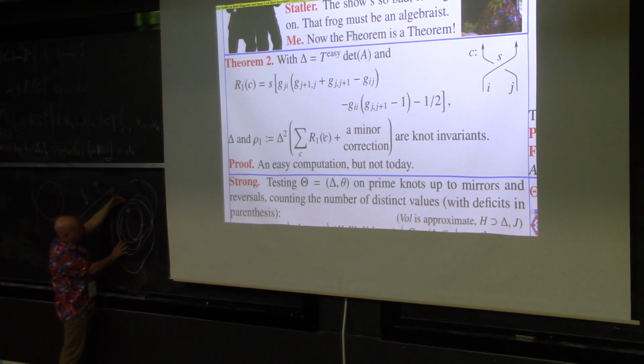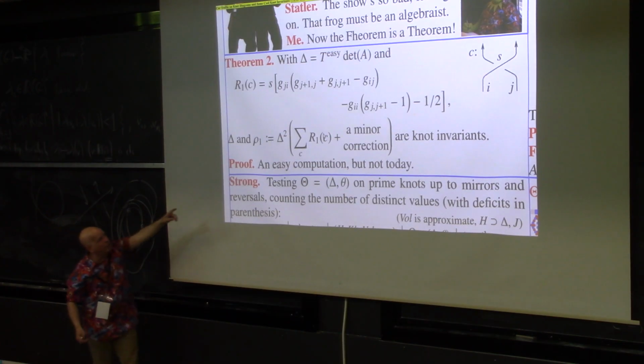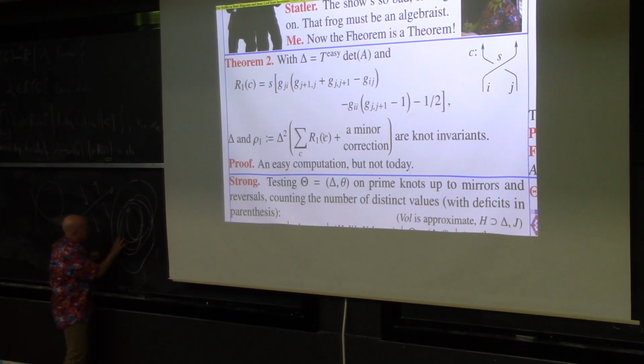And so the only summands that will change are the summands where the Reidemeister move is touching the crossing being summed. Right? I sum over all crossings. So if I do a Reidemeister move, the sum will include the crossings that are at the Reidemeister move itself.